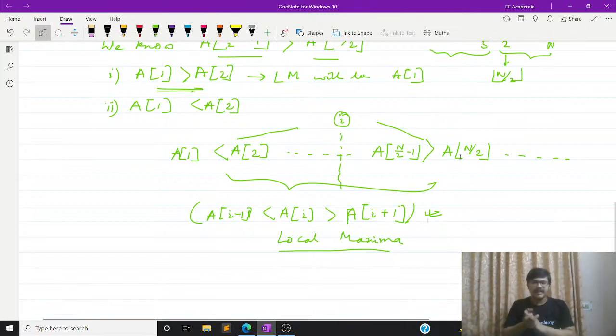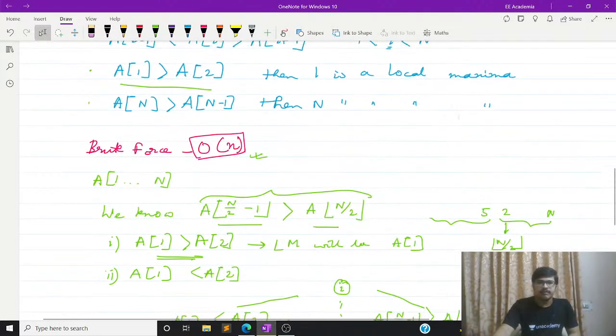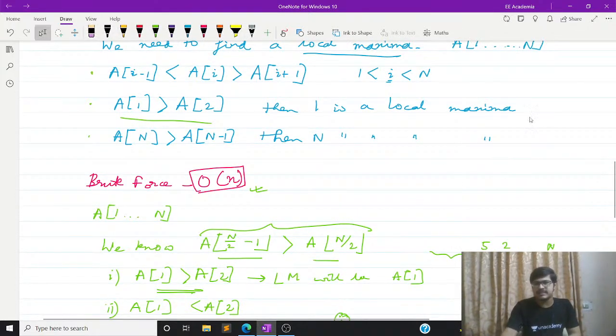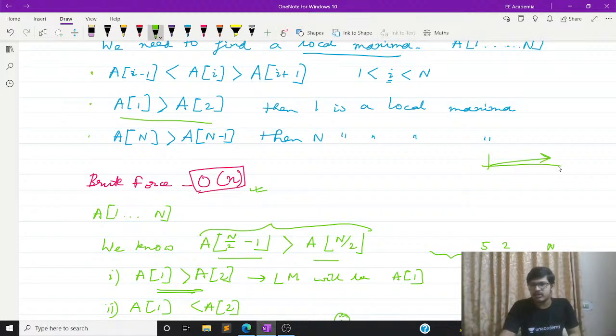So we can see in every array there will be at least one local maxima, because either the array is sorted in increasing order, then the last element can be the maxima, because the previous element will be less than this, or the array is sorted in decreasing order entirely like this, then the first element will be the maxima because the second element will be less than this.